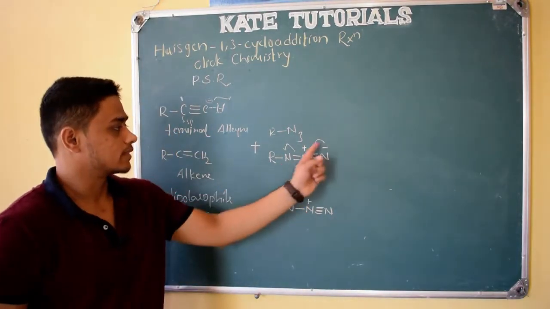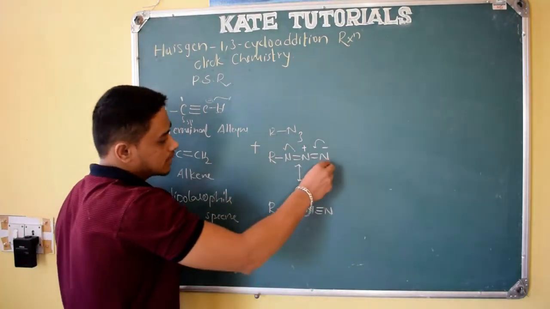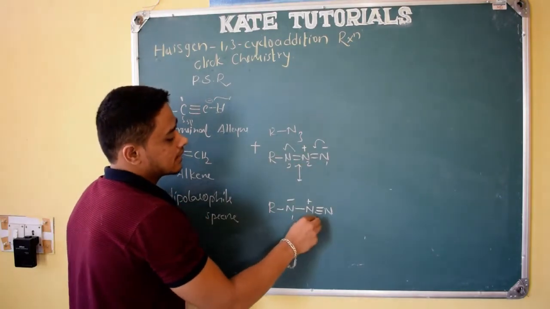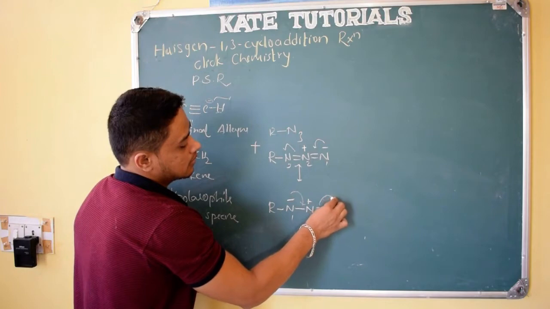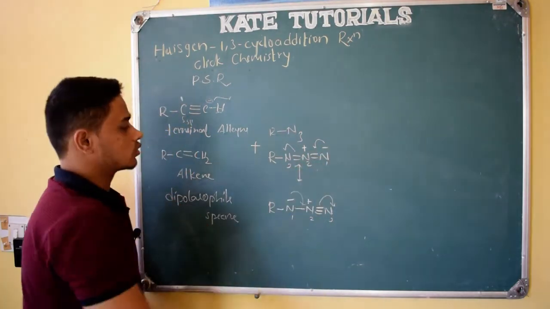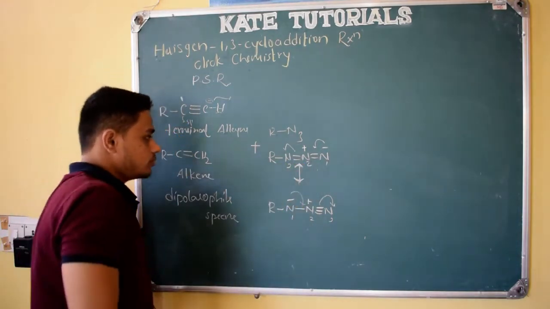So these are the two resonating structures, right? Resonance takes place over three atoms. If electron density shifts here, this bond will shift onto the nitrogen and we get the same structure back. So we show the structure with a resonating arrow, right?